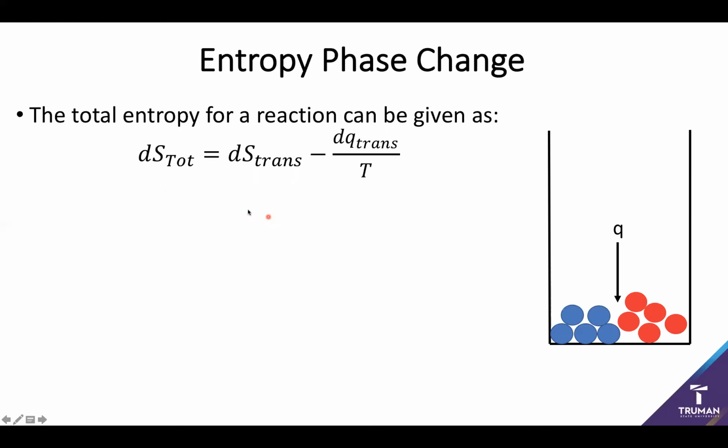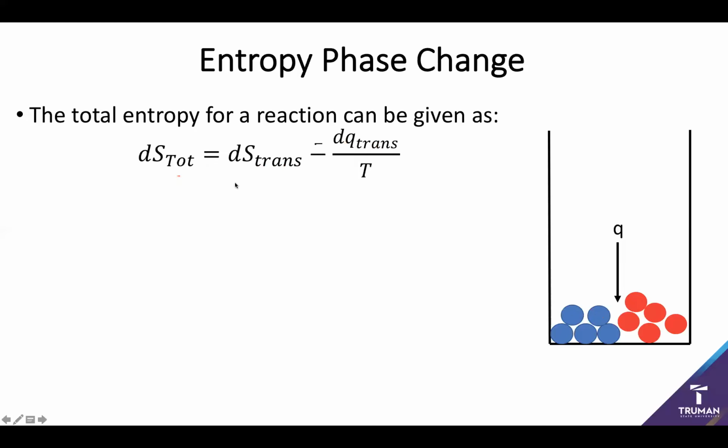So this allows us to generate a new alternative phrasing of how my total entropy changes in terms of the entropy involved with the transition itself and the entropy of the surroundings. Again, this is now exclusively in terms of the system itself, because we have it phrased in terms of the entropy of the transition and the heat required to drive the transition.